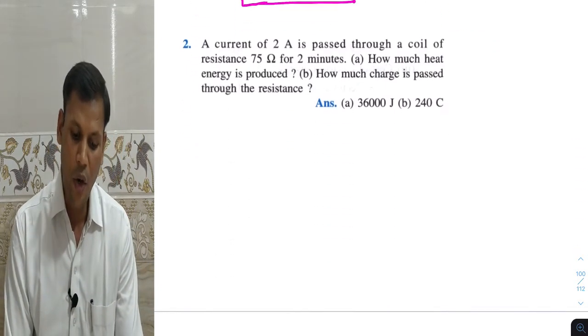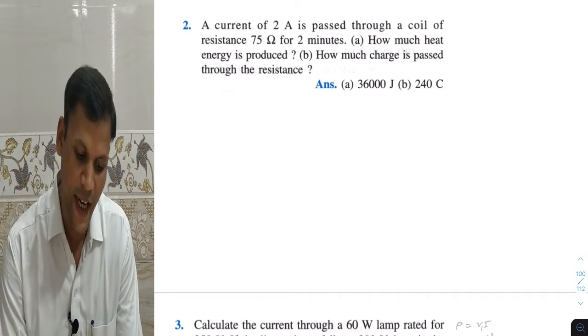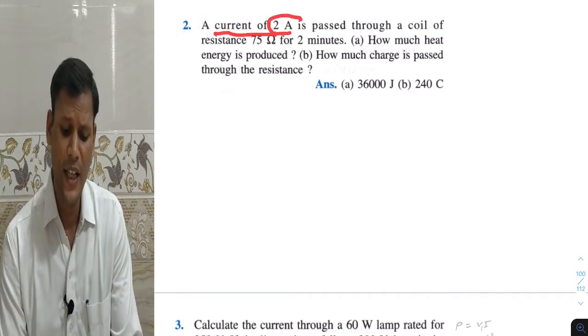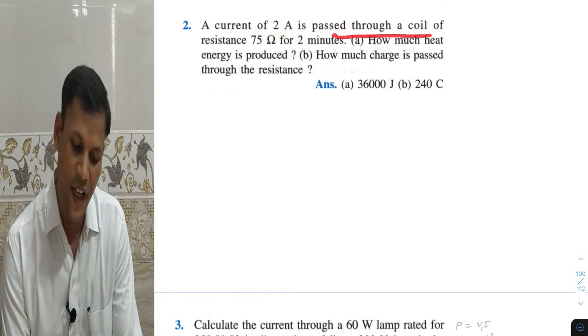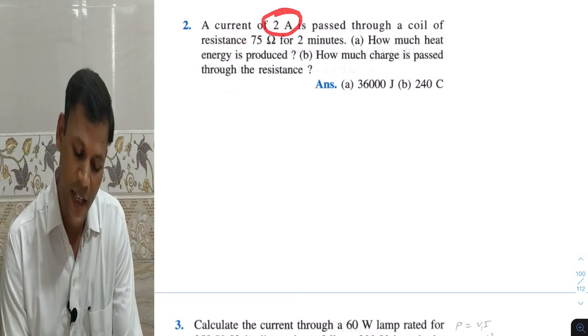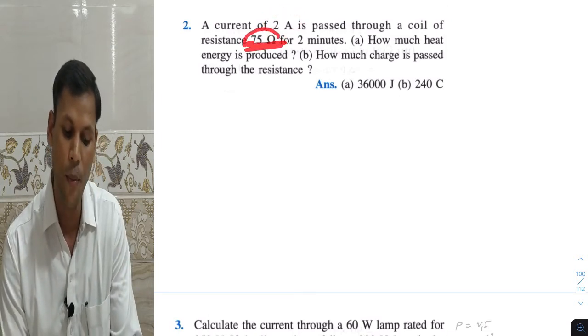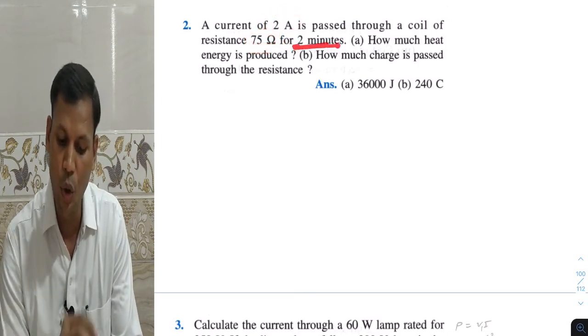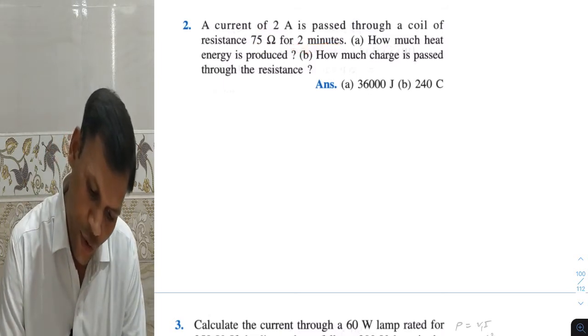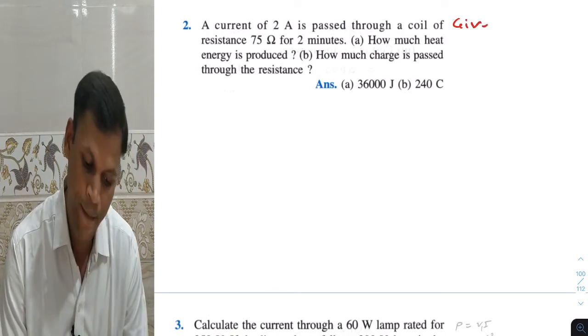Okay, now we will go for the second sum. A current of 2 ampere is passed through a coil of resistance. Current is given as 2 ampere, resistance is 75 ohm and time is 2 minutes. So we will write the information given.